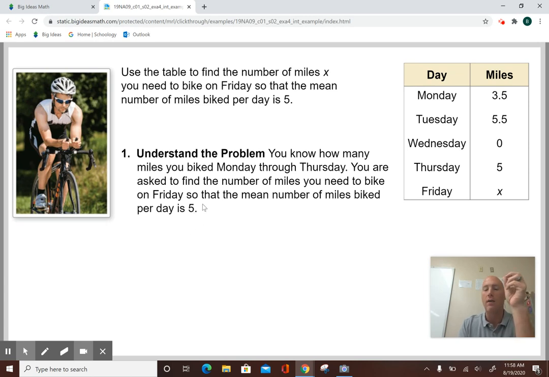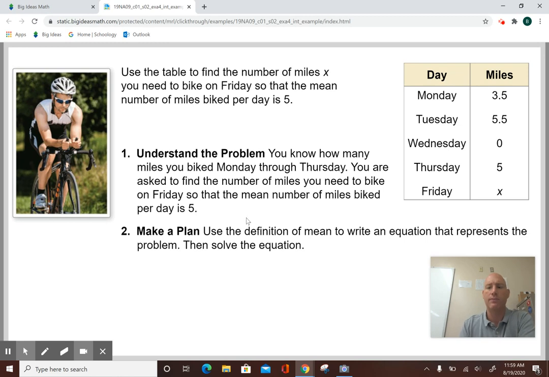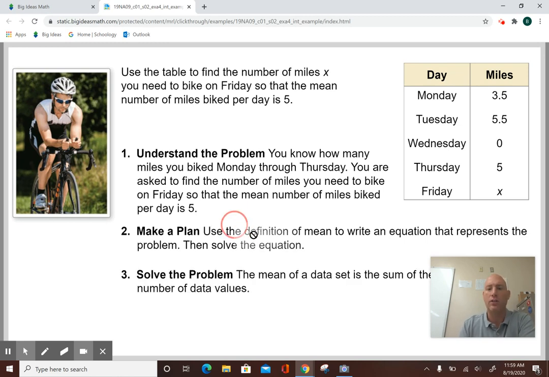We use the definition of mean to write an equation that represents the problem. That's how you have to think of the definition of mean. So what we did on Monday, Tuesday, Wednesday, Thursday, and what we need to do on Friday should all be added up, divided by 5, and we want that to equal 5.